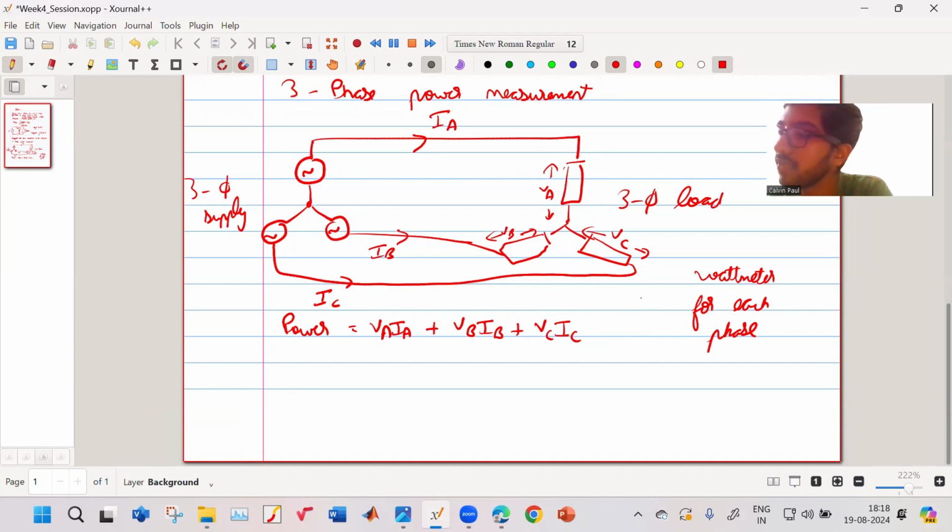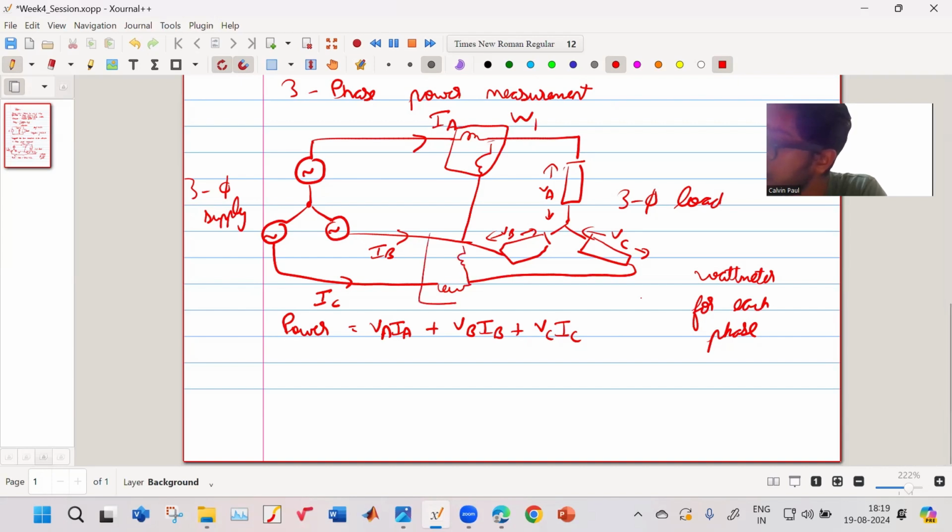Or there's another method in which this is your wattmeter 1, and this is your wattmeter 2.